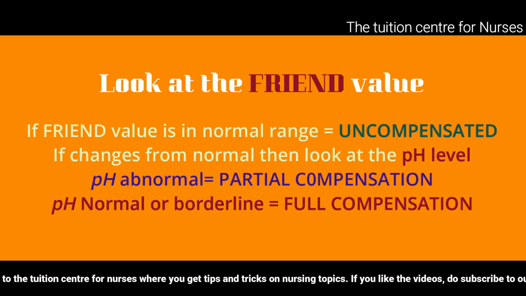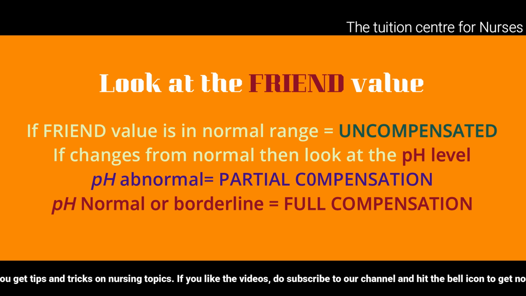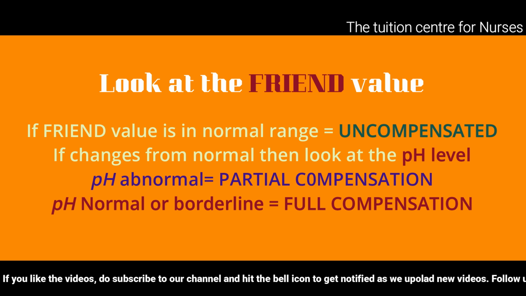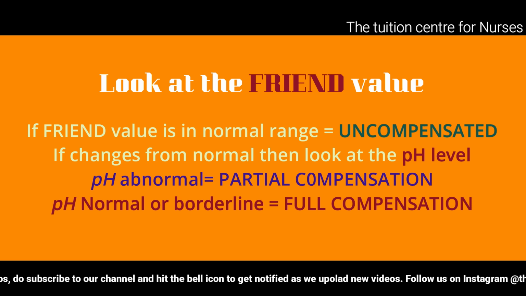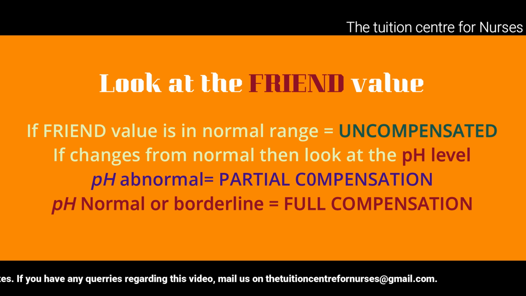If the value is not changing and the friend is in the normal range, then we call it uncompensated. And if it is in the changing phase, we have to look at the pH. And if the pH is still abnormal, then we term it a partial compensation. And if the value of his friend is changing and the pH is coming to the normal range, then we call it fully compensated.